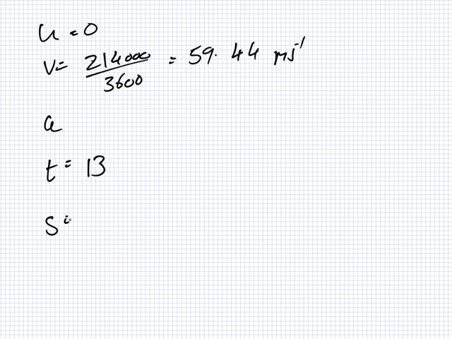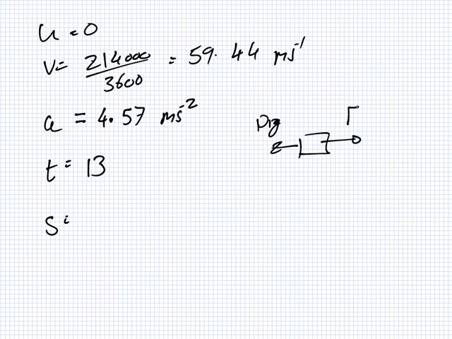Okay. So what is the A here? I'm sure you got that. 4.57 meters per second squared. So what's happening is the car has a drag and a force here driving it, which I'll call T. And F will be T minus the drag.